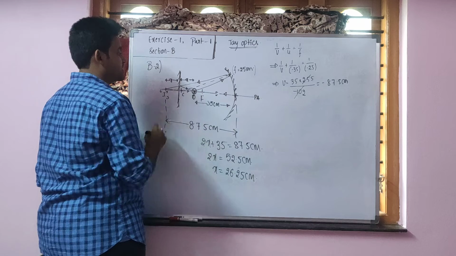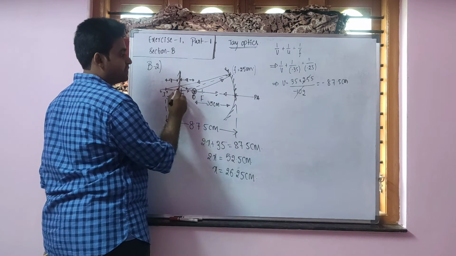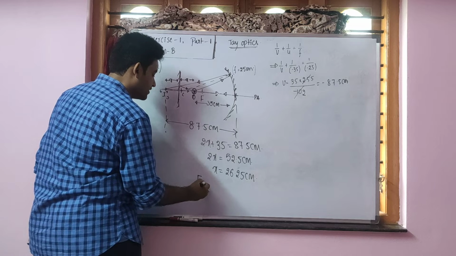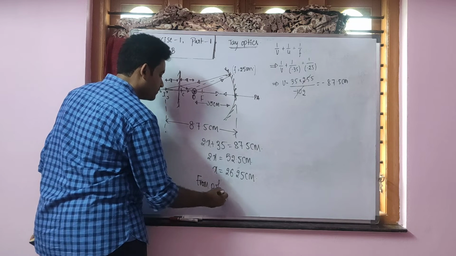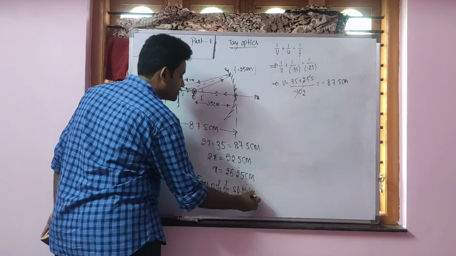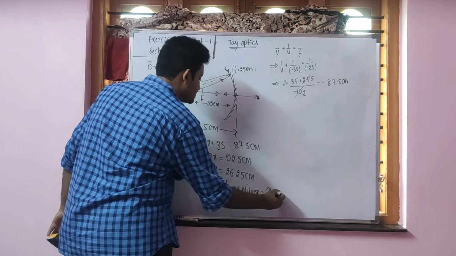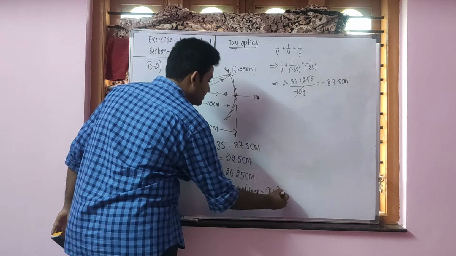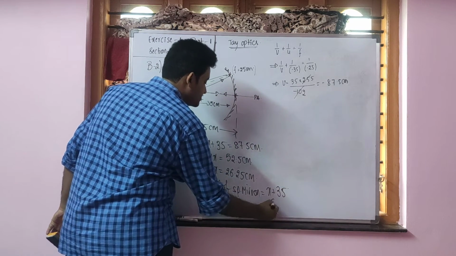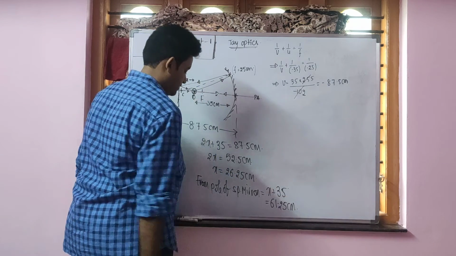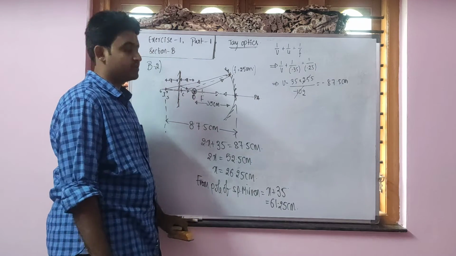So once I know x, I know the position where I have to place it from the pole of the mirror. From the pole of the spherical mirror, the distance will be x plus 35 centimeters, which will be 61.25 centimeters. That will be the solution for this. So we will see the next question.